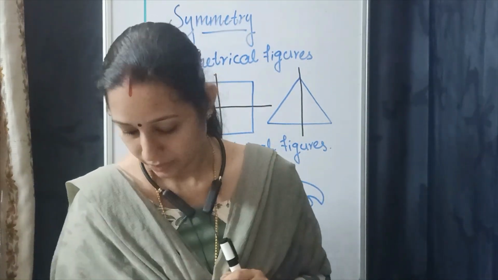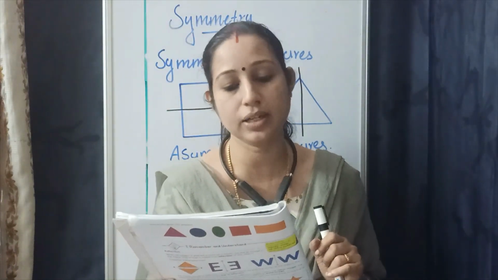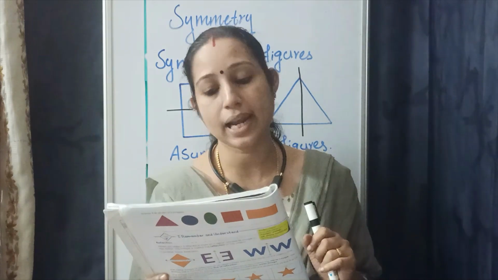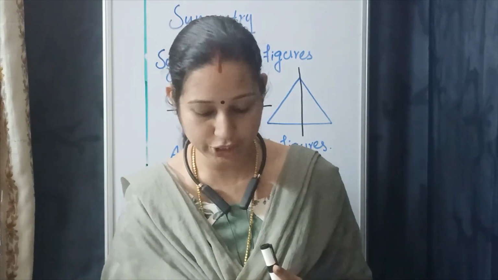In your textbook, the definition is: when a line divides a shape into two parts where both parts are reflections of each other, the line is called the line of symmetry. Shapes with one or more lines of symmetry are called symmetrical shapes.